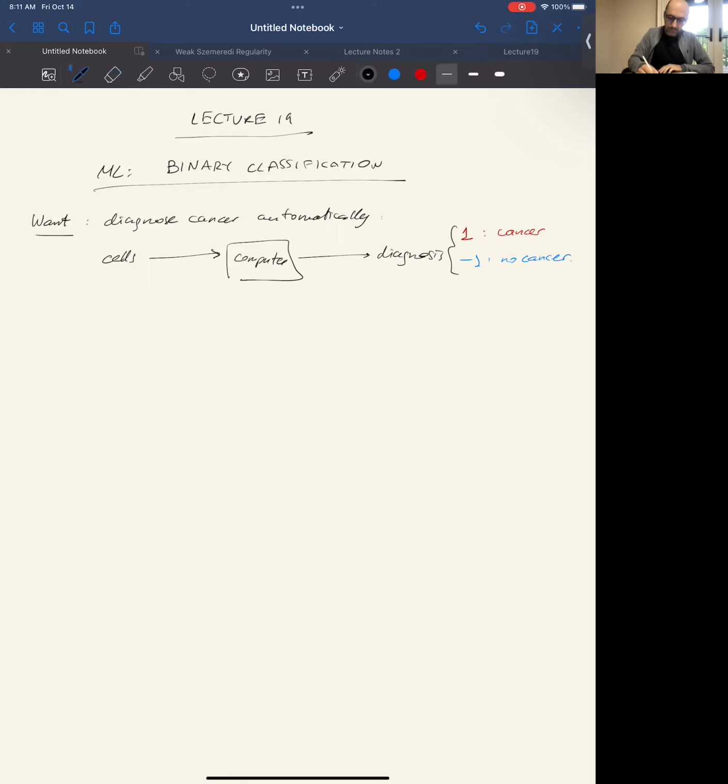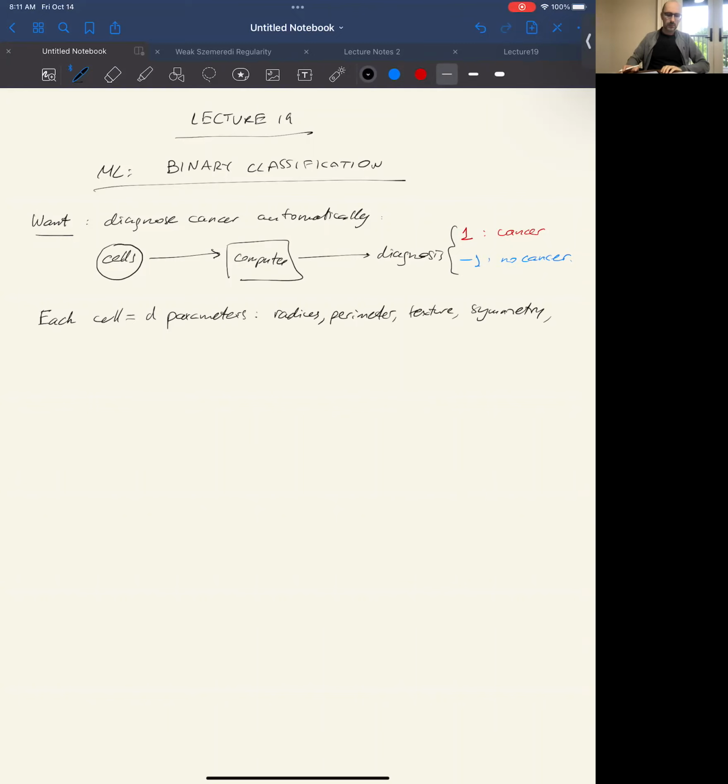Now, how do we think about cells? We put it in a numeric form. So let's say each cell has some parameters, let's say d parameters, that the computer can automatically observe. For example, some features of the cell, for example, radius of the cell, perimeter, texture, symmetry, and so on and so forth.